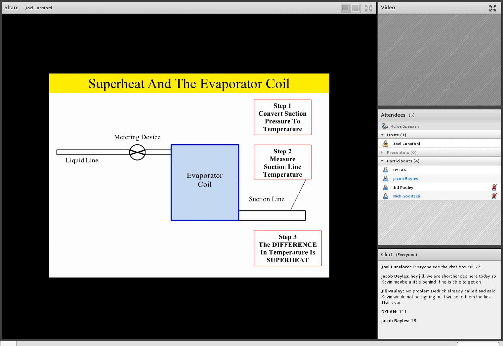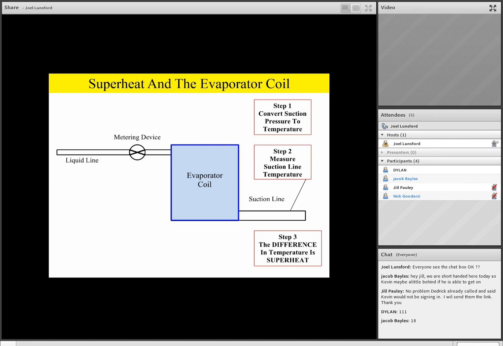Now, the TXV is going to maintain a superheat. It'll fluctuate and open and close to maintain a superheat. So normal would be considered about 10 to 15 with an expansion valve. However, if we have a piston, we learned a minute ago, we have to look at the superheat chart to determine what's normal.